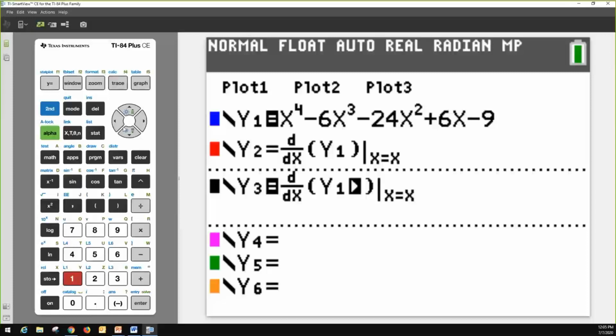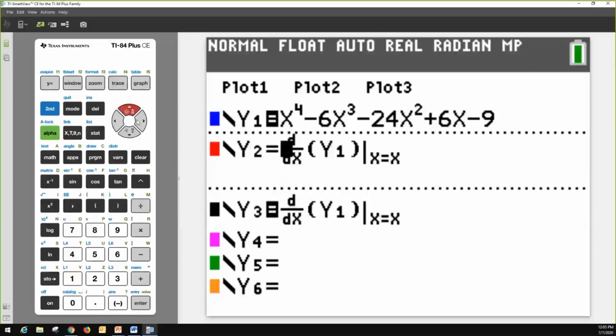That's going to calculate the derivative of y1. So y2 and y3 would be exactly the same at the moment. They're both graphing the first derivative. But I want y2 to be the second derivative, in other words, the derivative of the derivative, in other words, y3. So now y2 will be the second derivative graph.